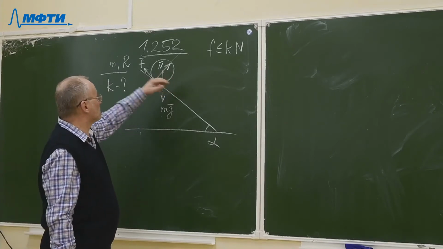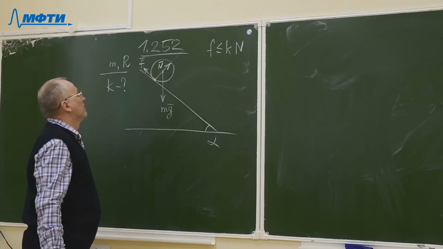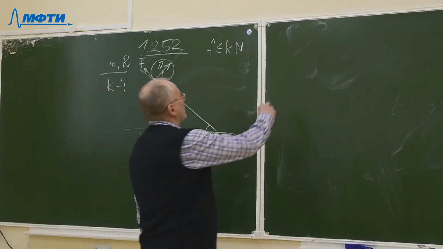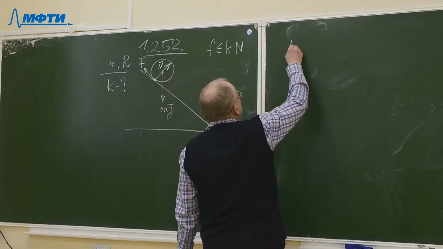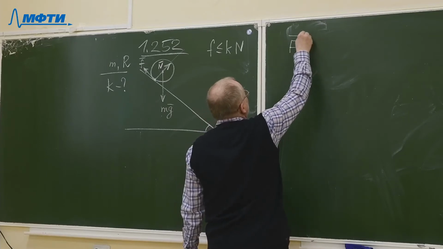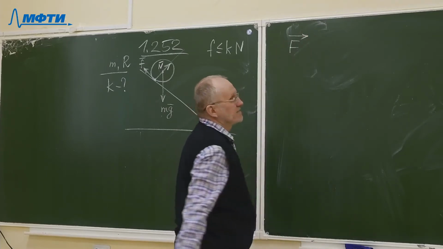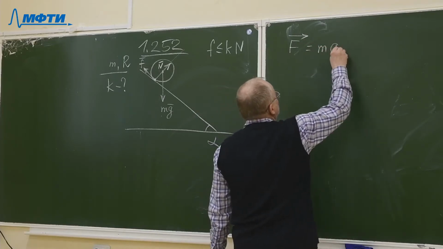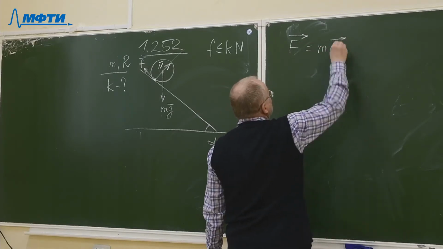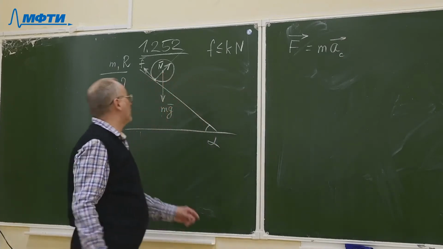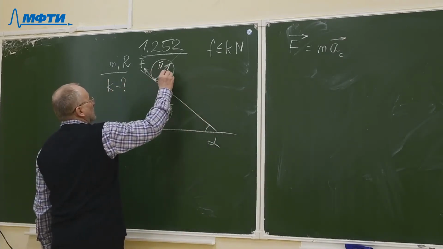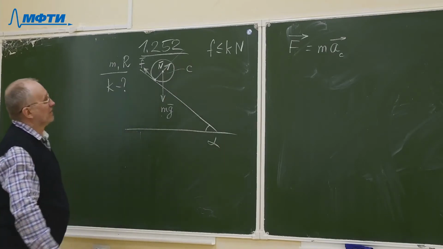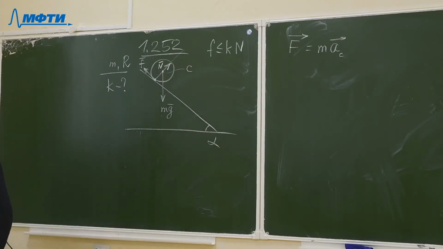It says that the total force, the sum of all forces acting on the body, equals the mass of the body times the acceleration of the center of mass, which I will indicate by letter C.